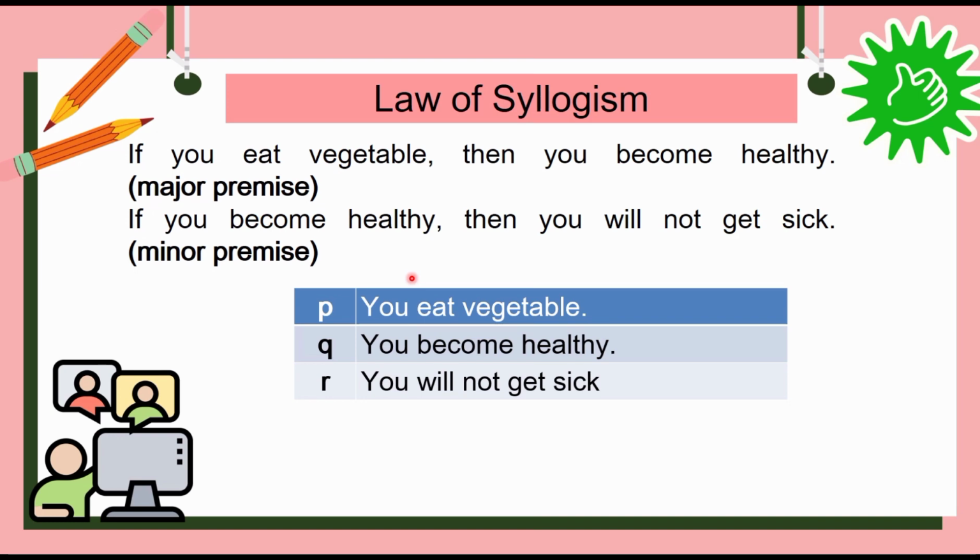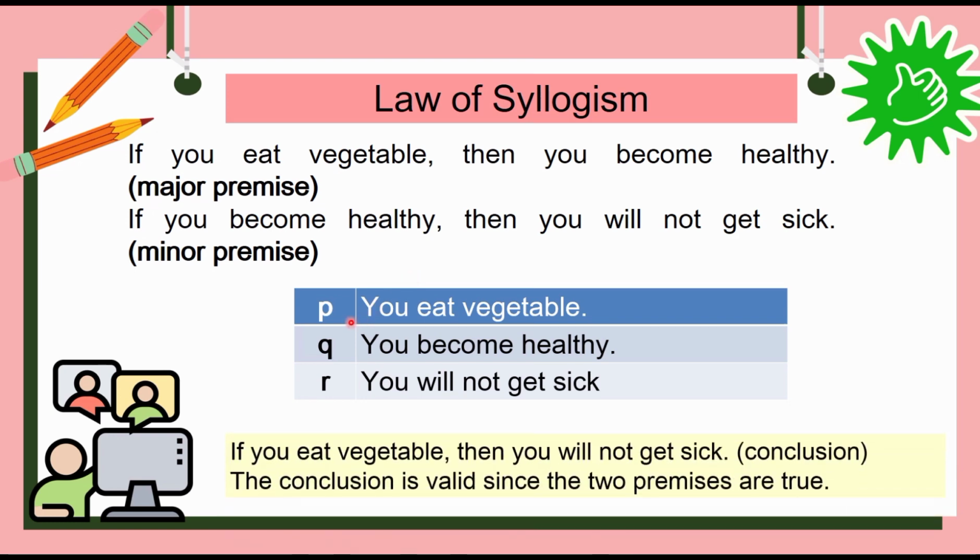You just need to write your P, if you eat vegetables, and then followed by R, then you will not get sick. So, that will be our conclusion. By analyzing, our conclusion is valid. Bakit kaya siya naging valid? Since the two premises are true, our major premise and our minor premise.